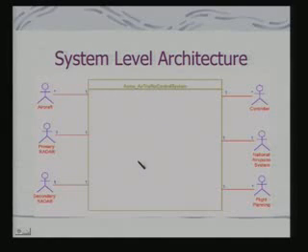If we are talking about an air traffic control system, then there would be aircrafts. With respect to one air traffic control, there may be many aircrafts, because many aircrafts will be controlled by one air traffic control. Then there will be the primary radar, secondary radar. These are all actors because they are standalone systems providing data to your air traffic control system.